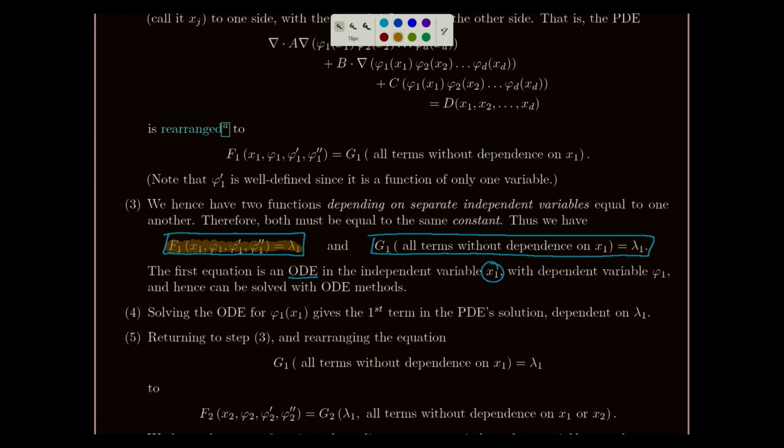But let's focus for now on the ODE that we actually want to solve, because that's going to tell us what phi1 looks like. We solve the ODE right there. So step 4: solving the ODE for phi1 of x1 gives the first term in the PDE solution, dependent on lambda 1.